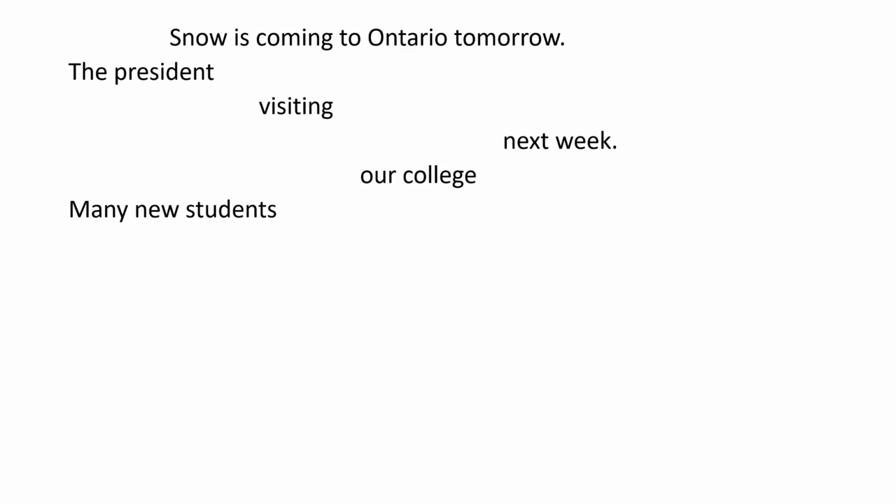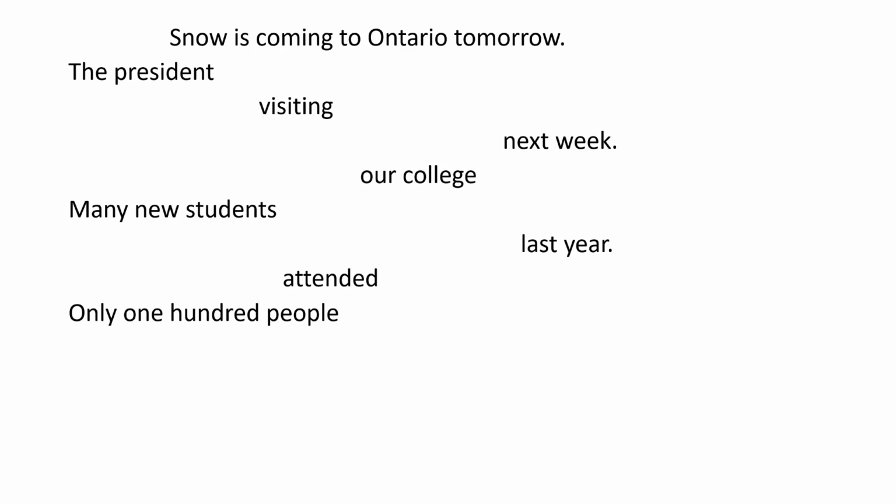Many new students are coming to our college next week. Many new students are coming to our college last year. Many new students attended our college last year. Only 100 people attended our college last year. Only 100 people attended my birthday party last year. Only 3 people attended my birthday party last year.